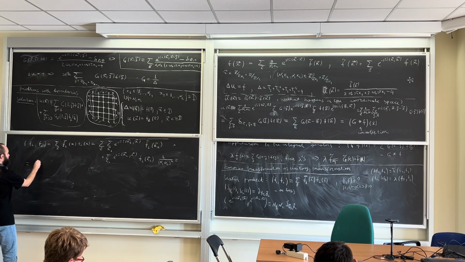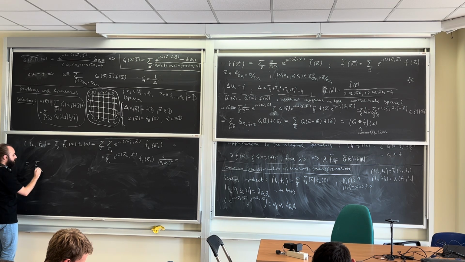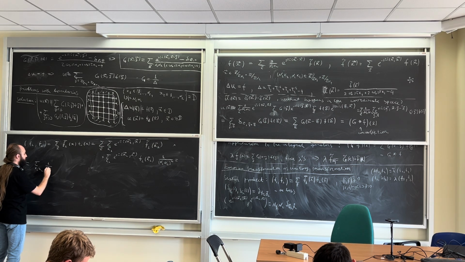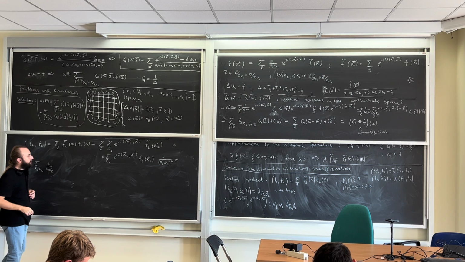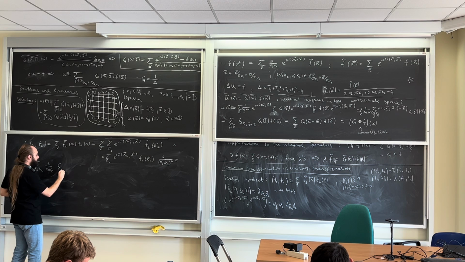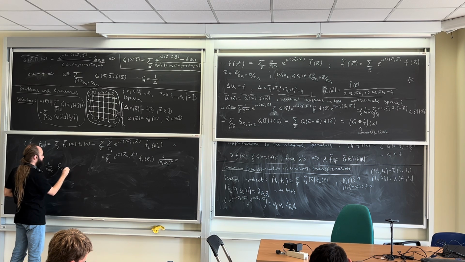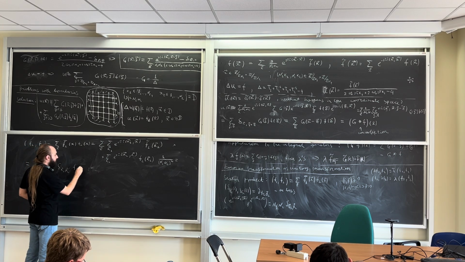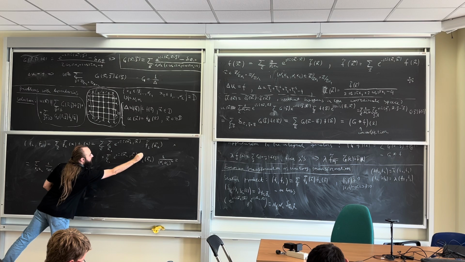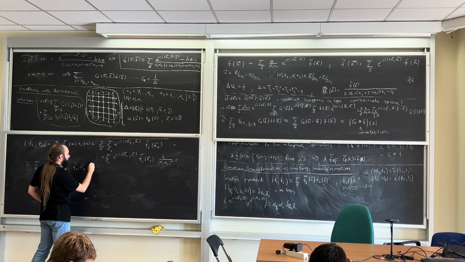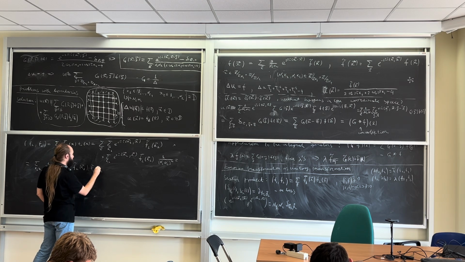So we get the sum over k1, k2, 1 over n1 and 2, delta of k1, k2, f1 tilde of k1 conjugated, f2 tilde of k2.